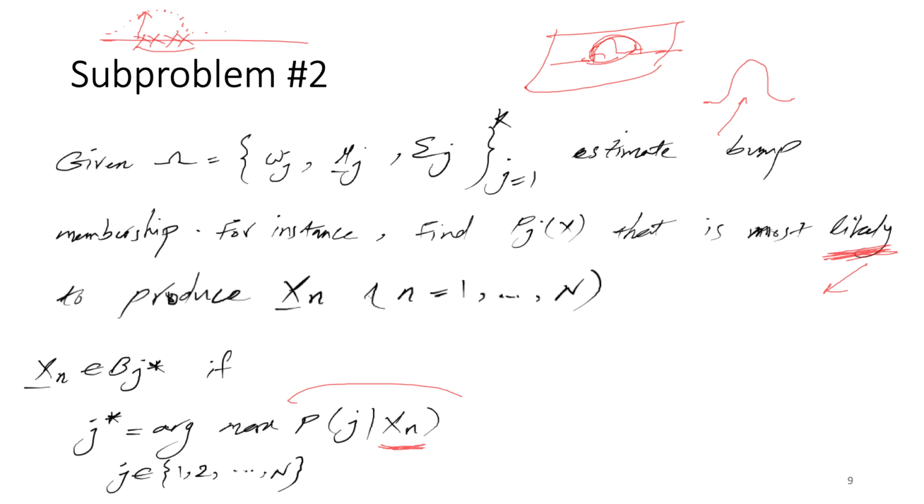Can you just repeat what that says? j star equals argmax. So we want to maximize this. Right, it's maximization. So we want to maximize the likelihood to produce j given x_n's, right?